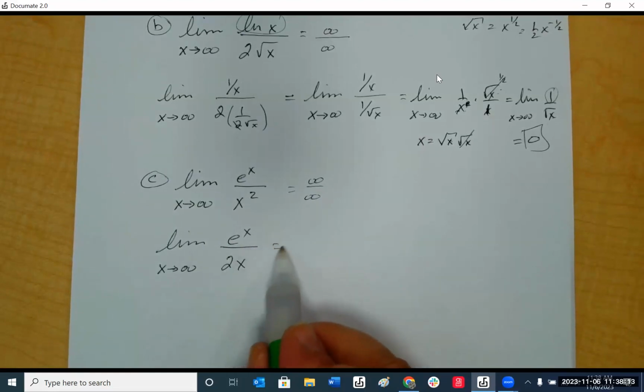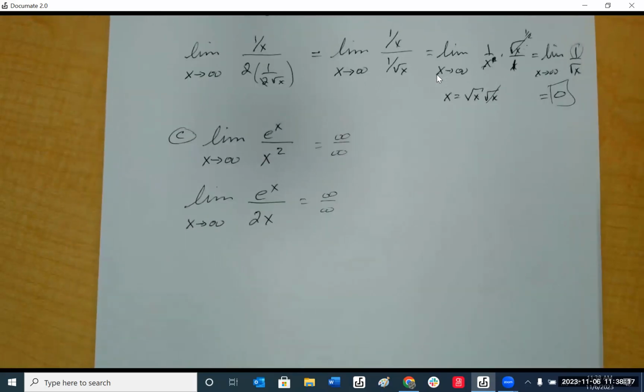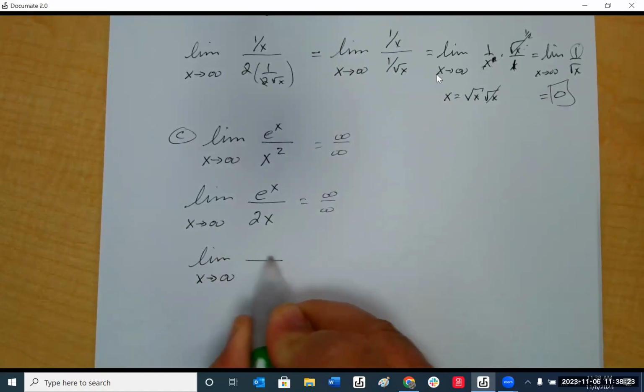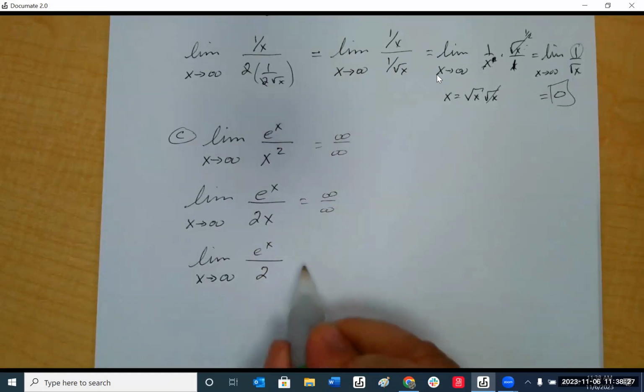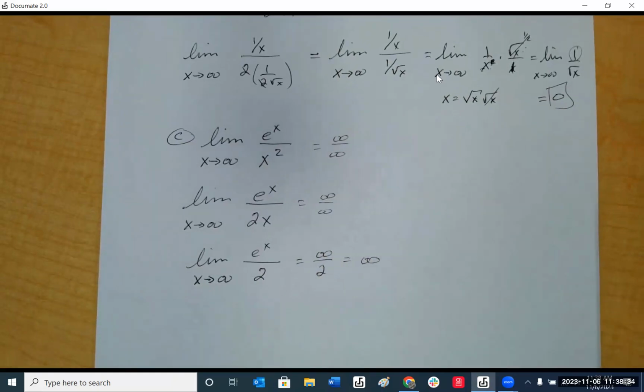Still going to give us infinity over infinity. e to the x over 2, which is infinity over 2, which is infinity.